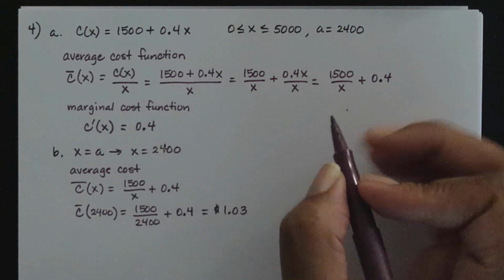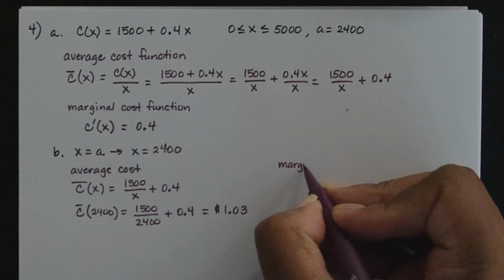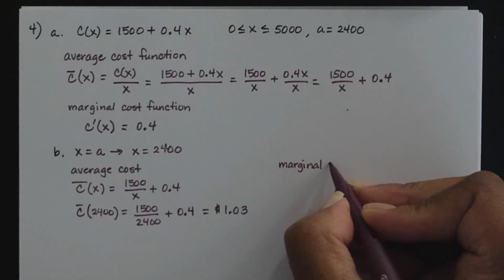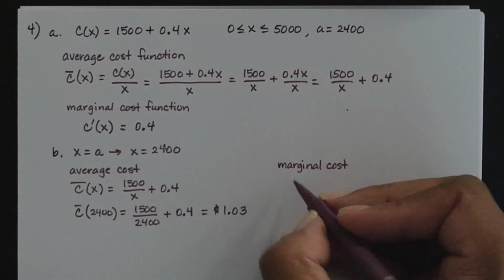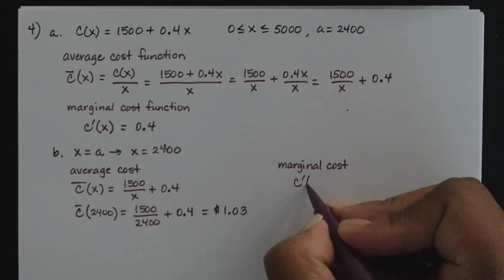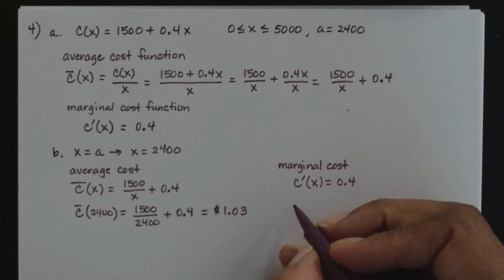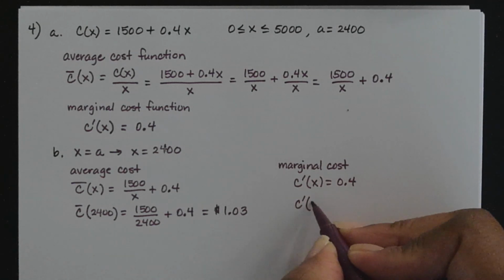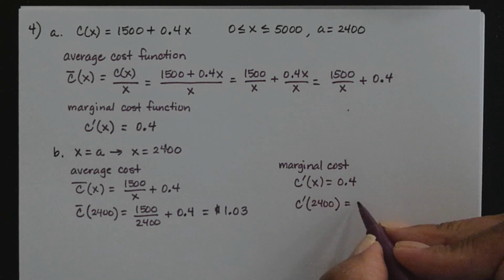Okay, so now for the marginal cost. Of course, the marginal cost function c prime of x is equal to 0.4. So c prime of 2,400 will have to be how much?